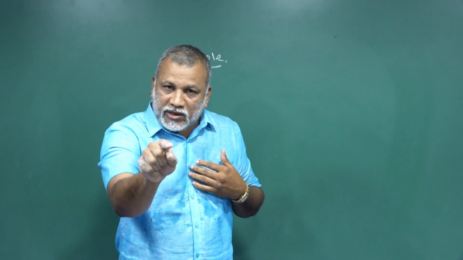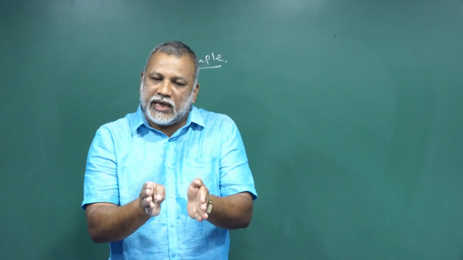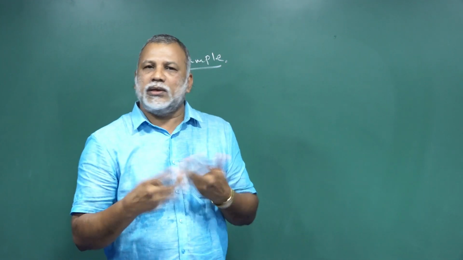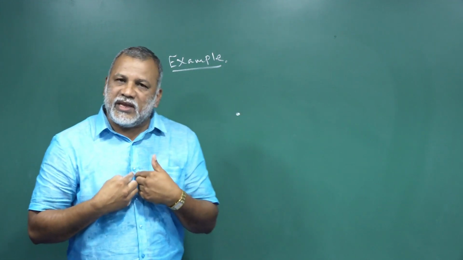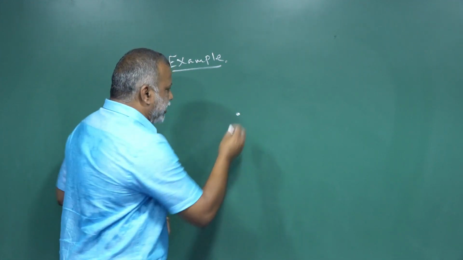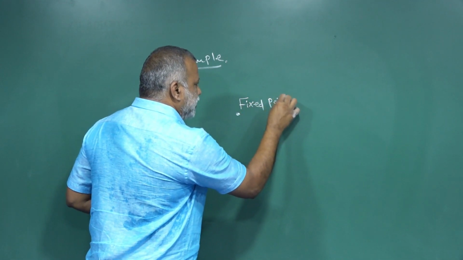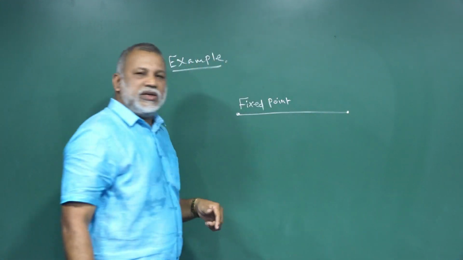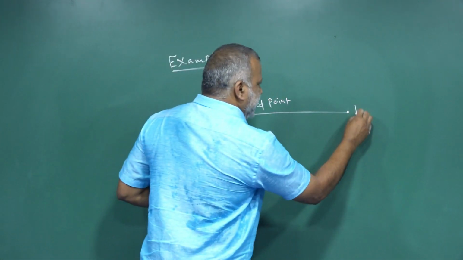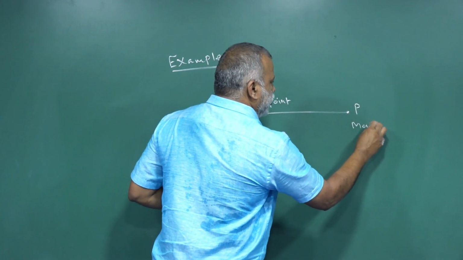Now that point is moving. It always maintains the same distance from me. Myself, I am technically called the fixed point. Consider this point is P. It is a moving point.